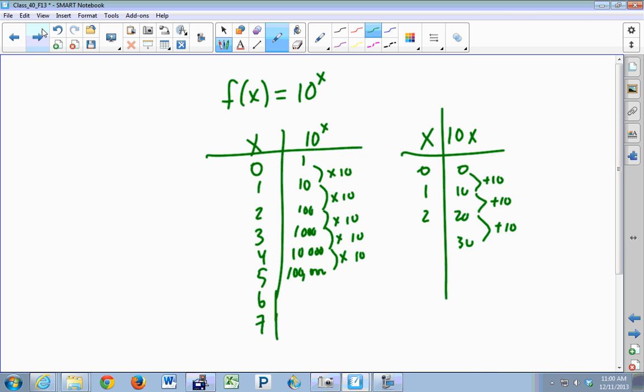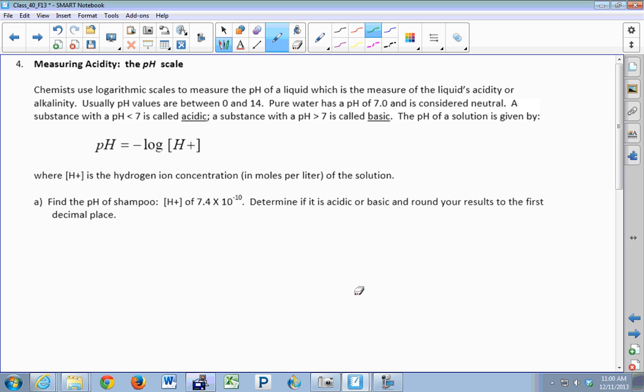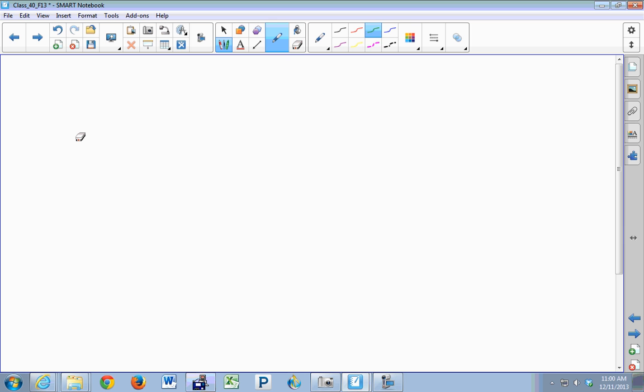The next thing we're going to look at is pH level, and let's review a little bit about the pH scale, because you may all have different knowledge of pH. Okay, so what does pH measure? It measures hydrogen ion concentration. I talked to one of the chemistry teachers yesterday, because I was curious about this versus just reading you a definition.